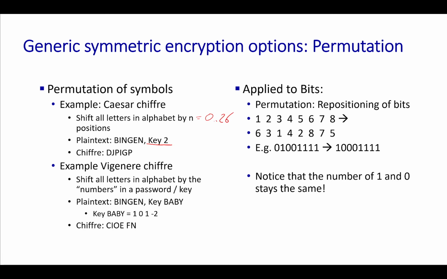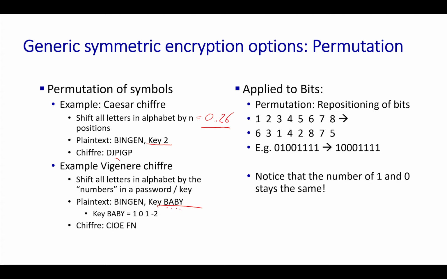It's not so secure, admittedly, because in the worst case you can test every key and find out which text makes the most sense. But this is one of the first symmetric encryption methods. A slight extension is the Vigenère shifter. They noticed the keys are too short, so they introduced a second keyword, such as here, baby, and you identify every letter in the keyword as a rule for how to shift.